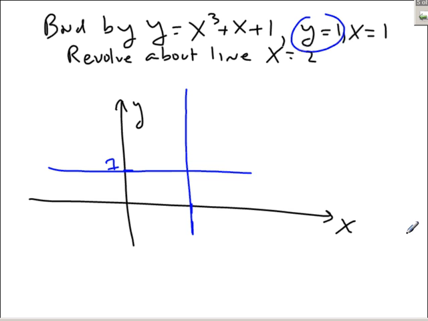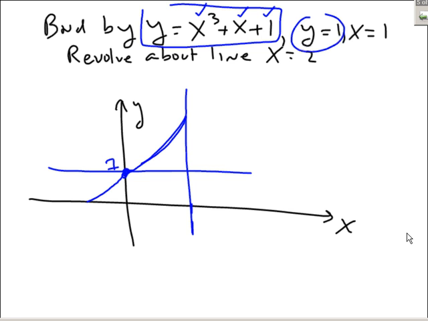And the curve, well, when x is 0, the curve's at 1, because 0 cubed is 0, plus 0 is 0, plus 1. It's 1. And then it's going to get bigger. You plug in bigger x values, it's going to get bigger. You plug in smaller x values, it's going to be down here. The area won't be trapped. It's this area right here that we're concerned about.